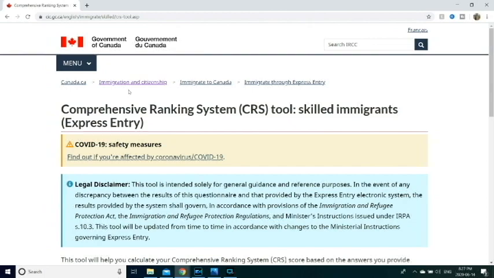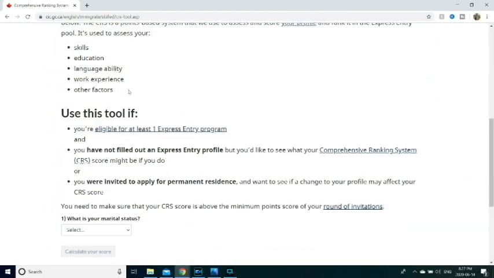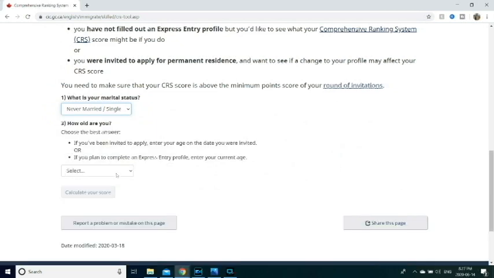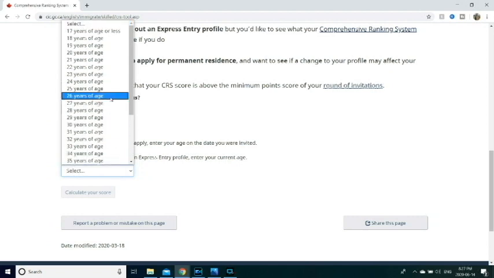Okay, so let's start. In the first scenario, let's do it for PG diploma. Say you are single. How old are you? PG diploma generally. Okay, say you are 23 right now and you want to come to Canada for a 2 year course.